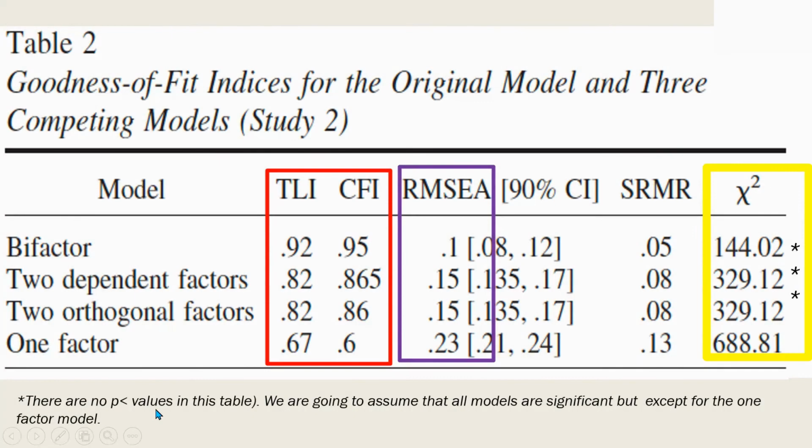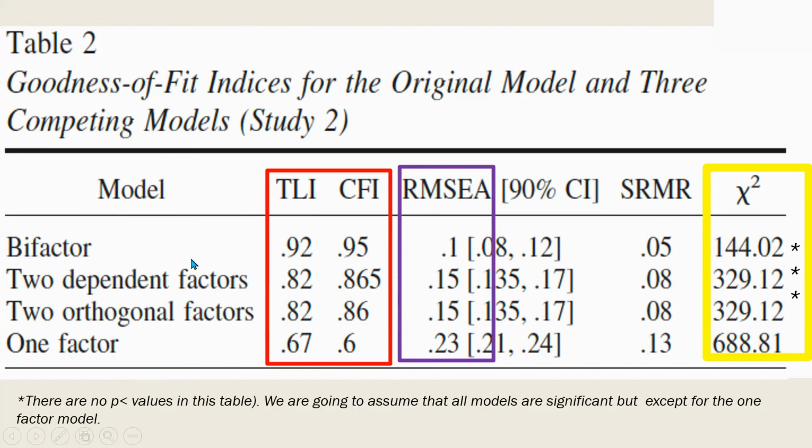I do want to make a note, there are no p-values listed in this table for some reason, but just assume that they're all significant, except for the one factor model. So just assume that the bifactor, 2 dependent factors, and 2 orthogonal factors, that they're all significant. So you can see that the features that we just talked about, they're highlighted here in these boxes.